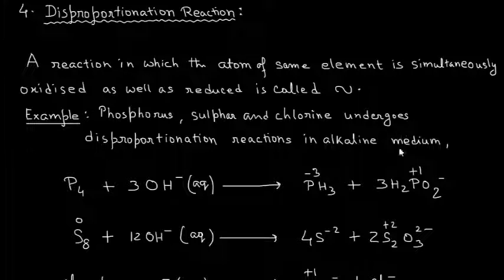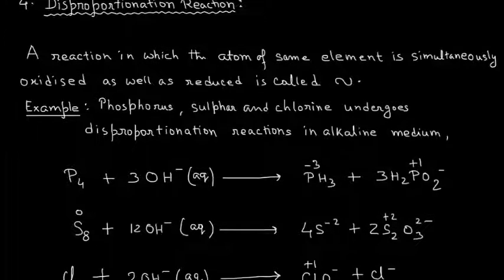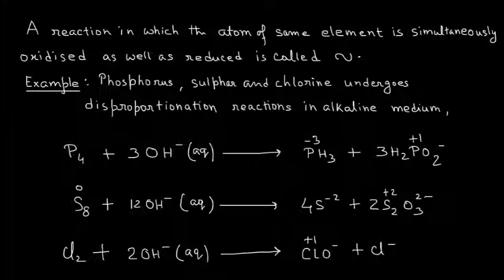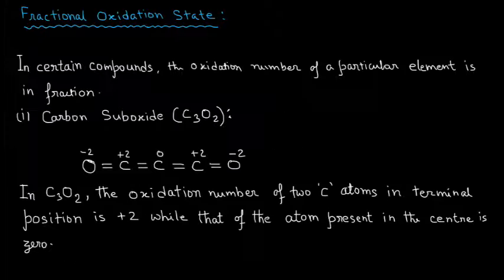So this is the sulfur example for disproportionation reaction, and the last example is for chlorine. Chlorine plus 2OH minus gives ClO minus plus Cl minus. These are the examples of disproportionation reaction.